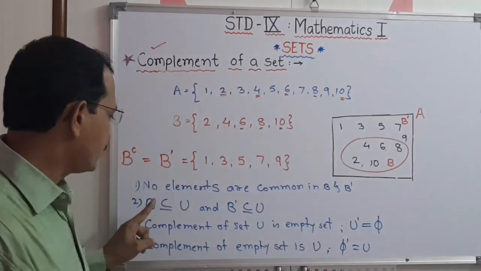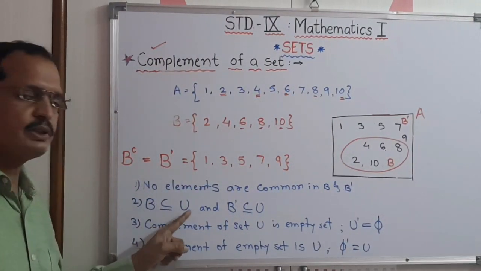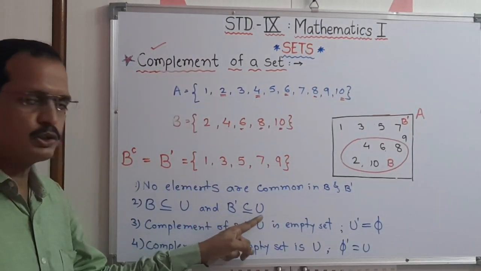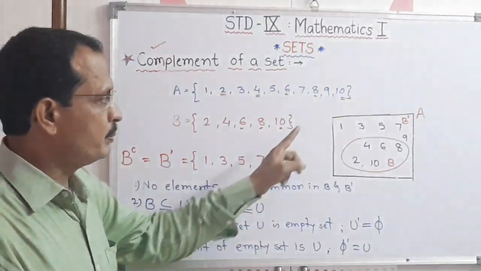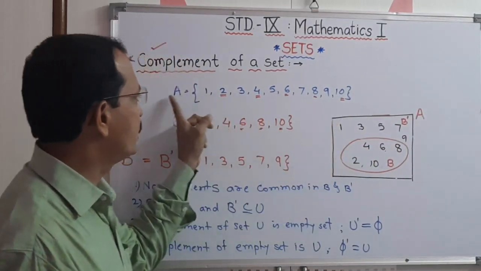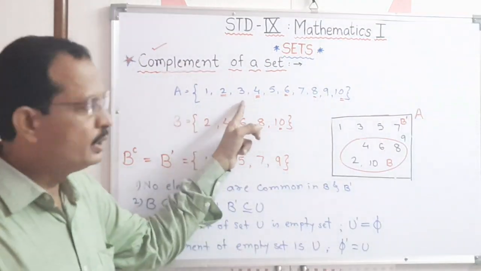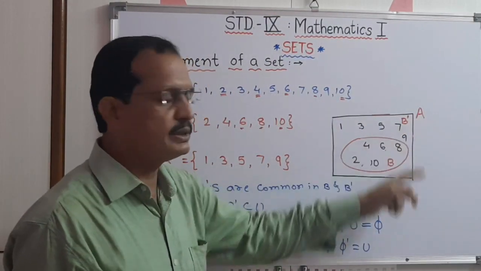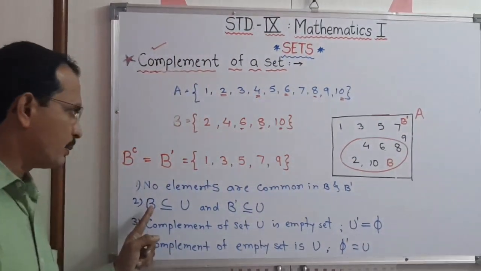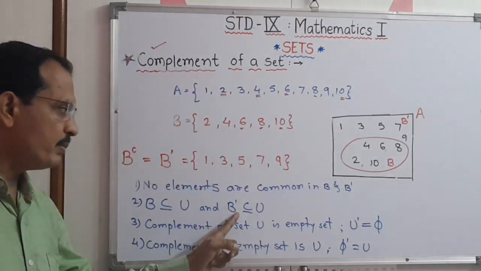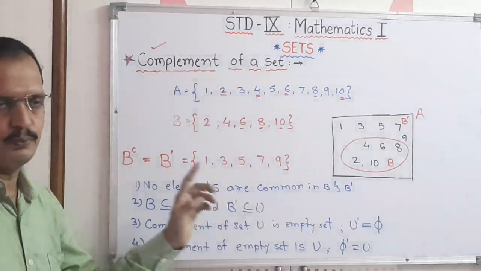Second property is that B is a subset of U, but B dash is also a subset of U. That means all the elements of set B dash are present in U, and all the elements of set B are present in the universal set. Therefore B is a subset of U as well as B dash is a subset of U.